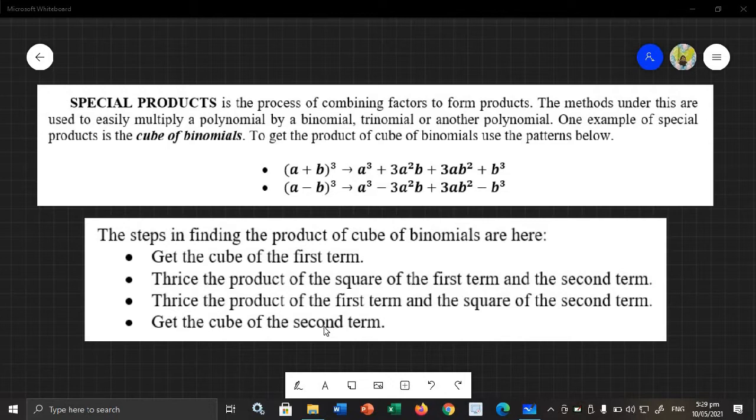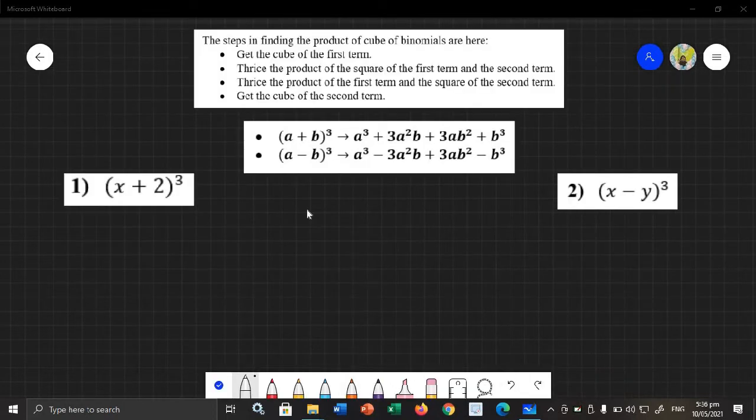Now let us solve some examples regarding the cube of binomials. So these are now our first two examples. For example, number 1, we have the quantity x plus 2, cubed, or raised to the third power.